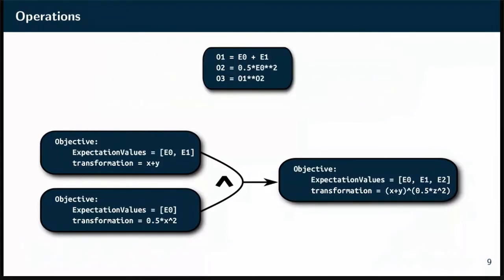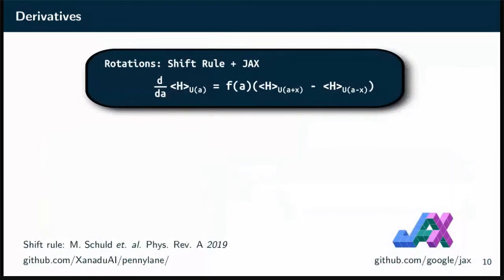If you want to do gradients, we use a technique called the shift rule, where you can see the paper below. And this is similar to how PennyLane does it, which is another quantum software architecture by a startup here in Toronto.